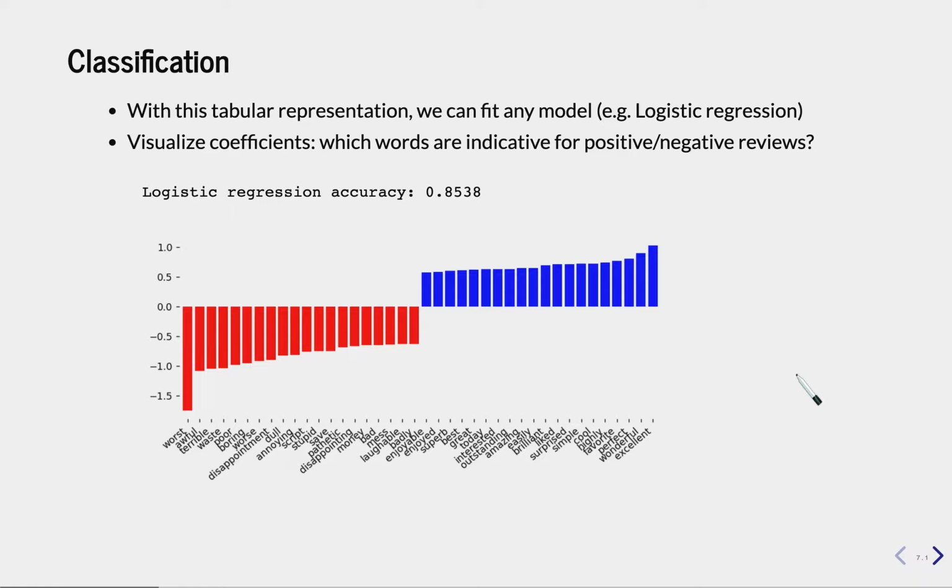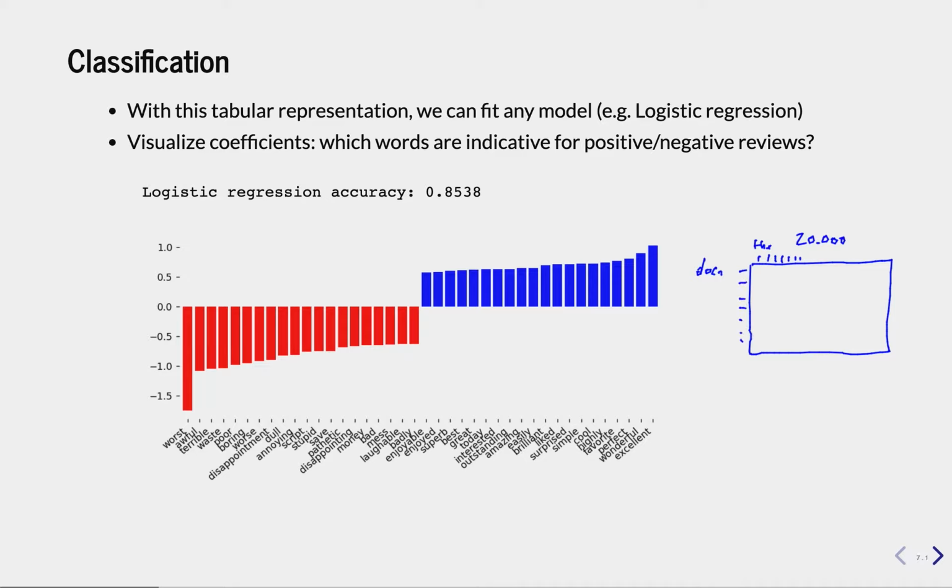What we basically did in the previous slide is we built a giant matrix with about 20,000 columns, each column corresponding to a certain word, like the word the, or the word perfect, and so on. And in the rows, we have all the documents. So document 1 or review 1, document 2, and so on.